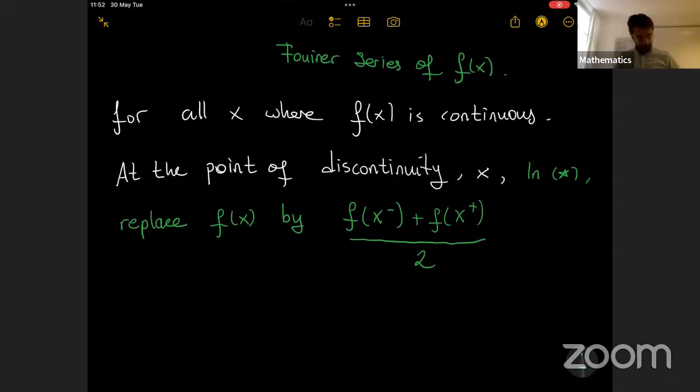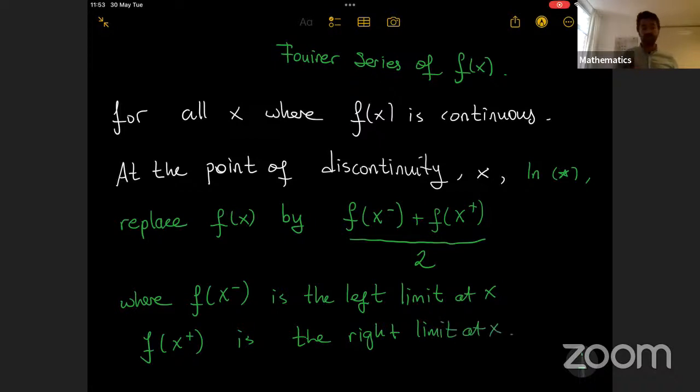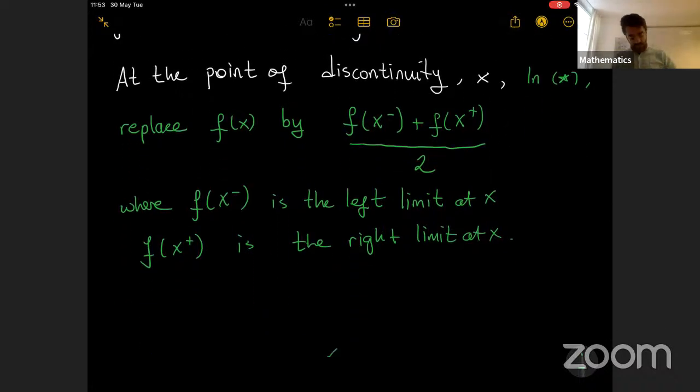Basically, x minus and x plus are the left limit and right limit at x, where f of x minus is the left limit at x, and f of x plus is the right limit at x.